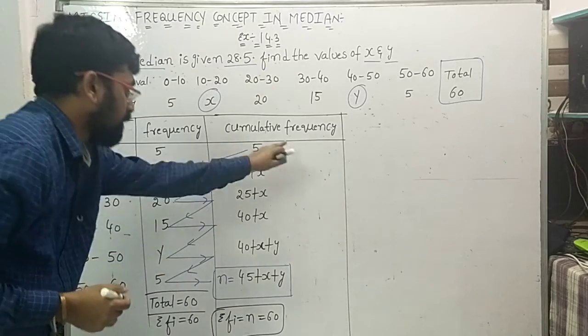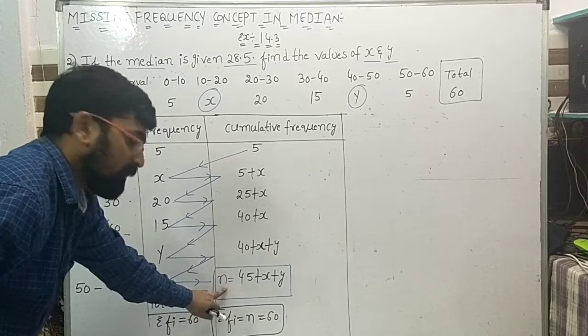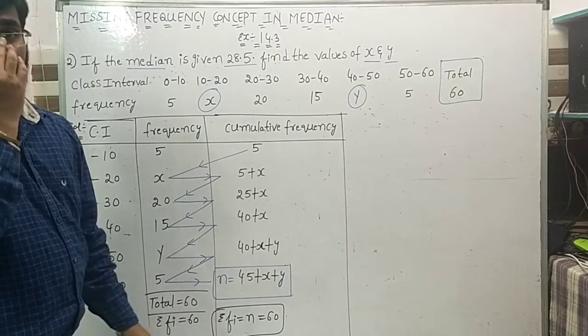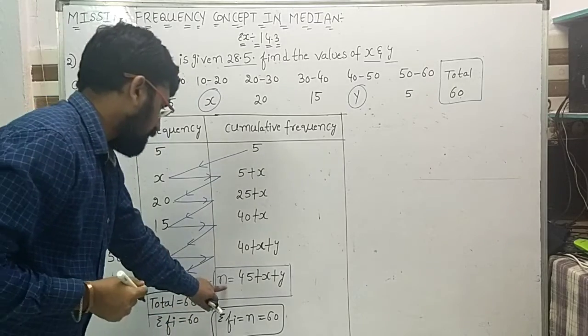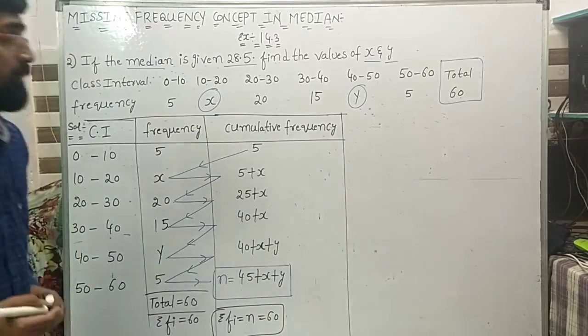So we need to check here. The total is 60, so n and sigma fi should be equal. Here n equals 45 plus x plus y, so in the place of n we can substitute 60.